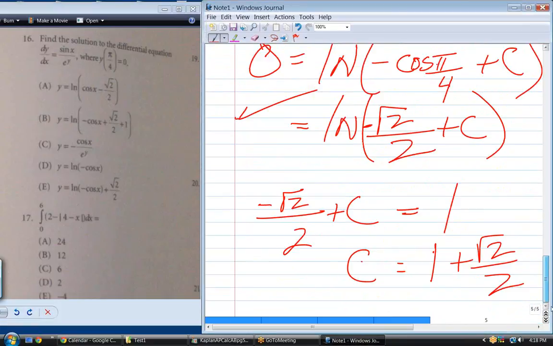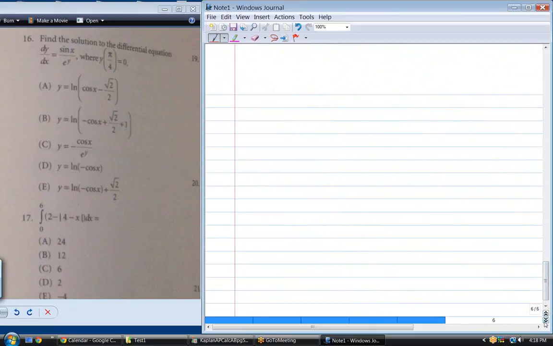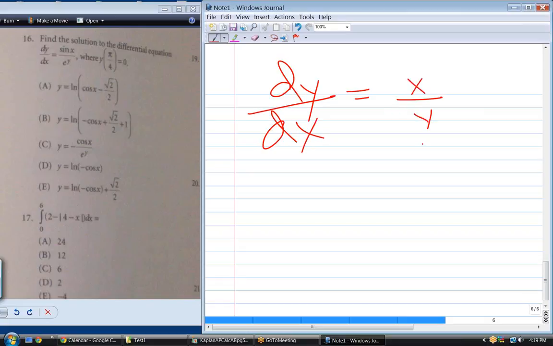There's a very large order of differential equations that can be solved this way. Let's just take another one. Differential equations almost always start out with that. And let's say that it was equal to x over y.